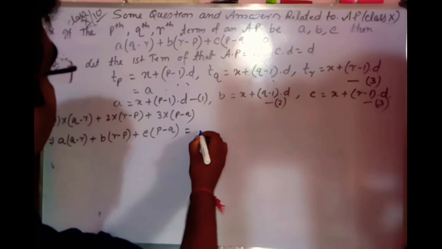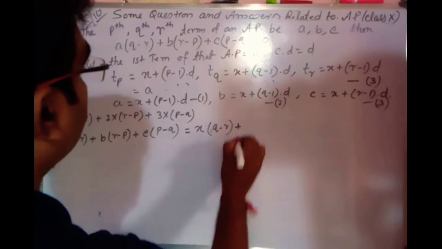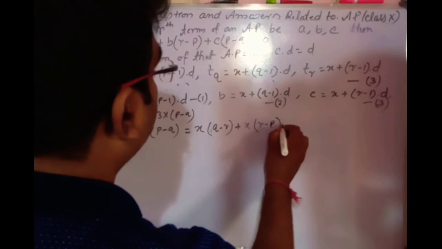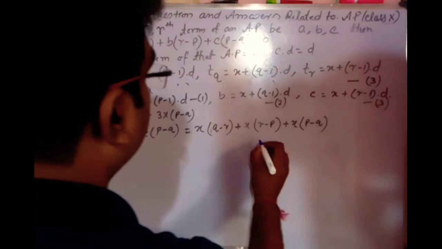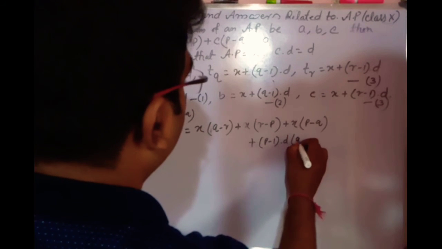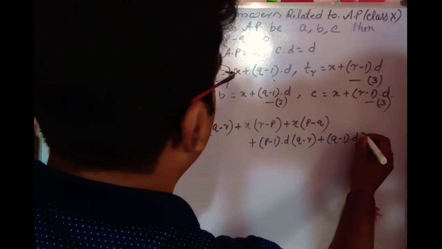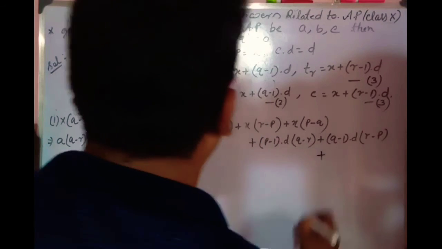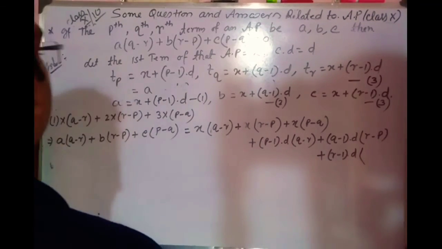And on the right hand side, we are getting x into q minus r plus x into r minus p plus x into p minus q, plus p minus 1 into d into q minus r plus q minus 1 into d into r minus p plus r minus 1 into d into p minus q.